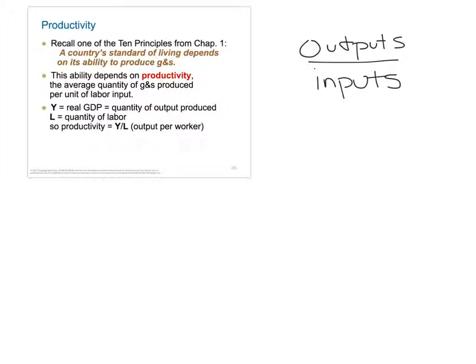So if we think of our inputs as our factors of production of land, labor, and capital, then everything that we get out of our economy in terms of our goods and services then would be our gross domestic product, or GDP. And we'll just call that real GDP because it would actually be without inflation. So our output becomes our real GDP and our inputs become land, labor, and capital.